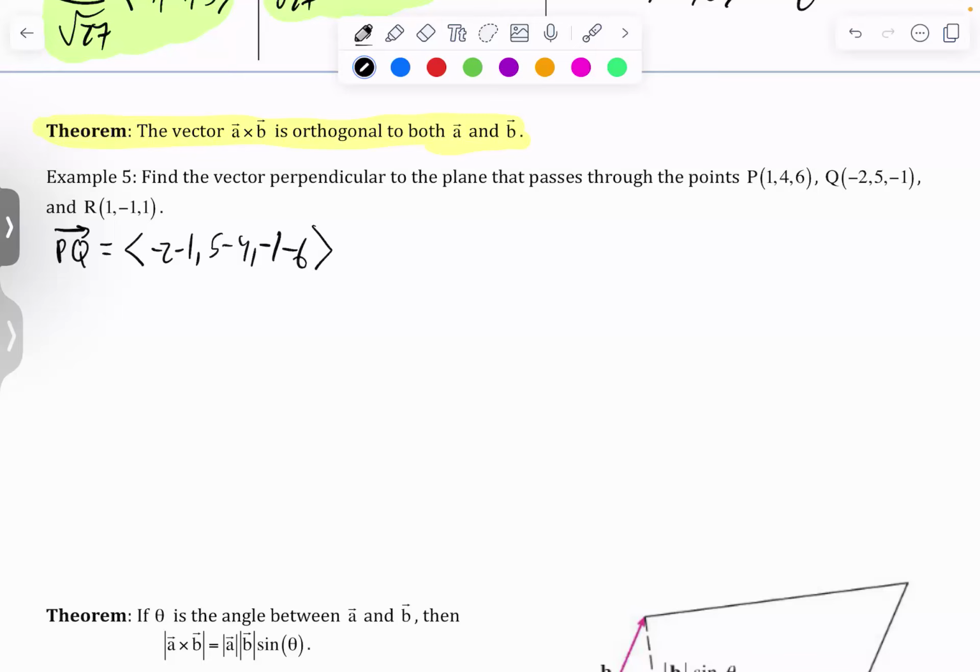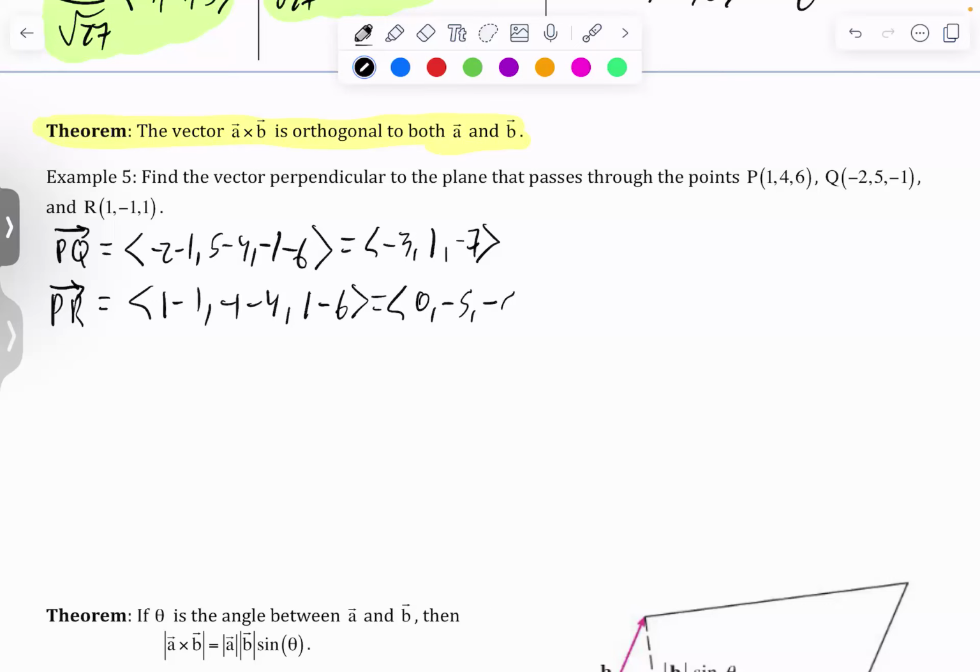All right, so this is going to give us the vector -3, 1, -7, and then PR is going to give us 1 minus 1, and -1 minus 4, and 1 minus 6, which is 0, -5, -5.